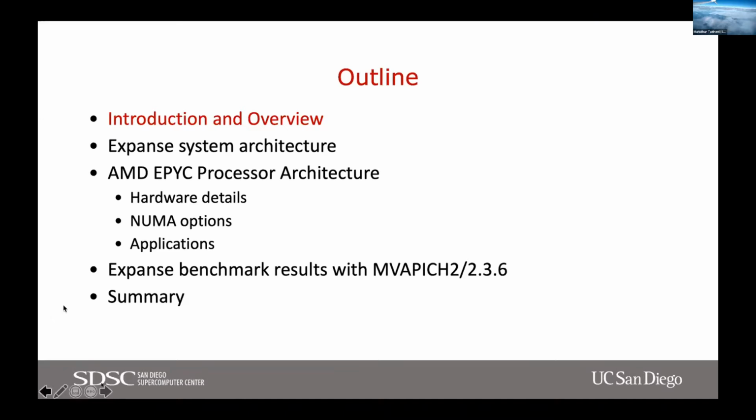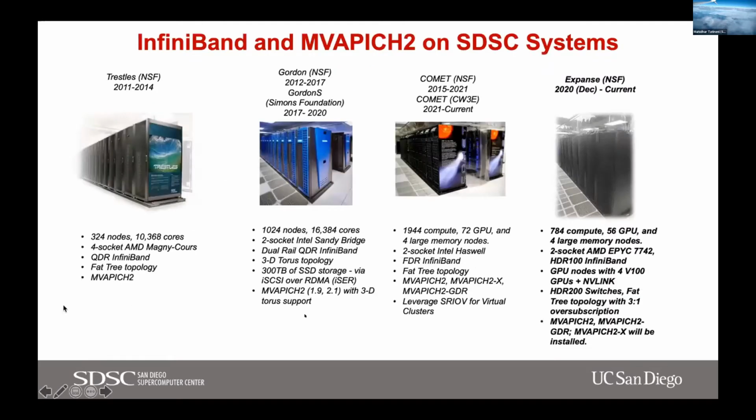Just a quick introduction on the history at SDSC. I think if you've been coming to MUG, you've probably seen this slide grow over the years. So we started long ago with Trestles in 2011 with MVAPICH2 on that machine, going to Gordon, which had 2 different lives. Just got retired actually.